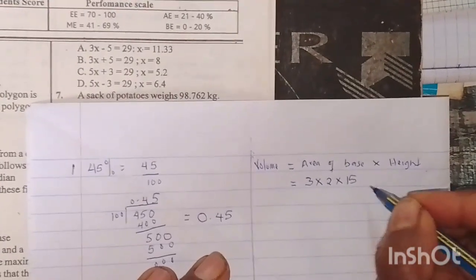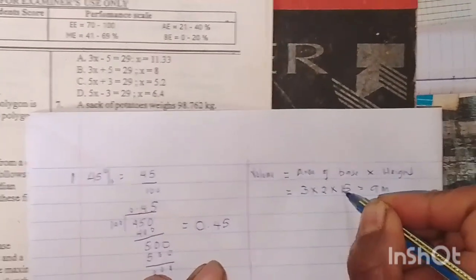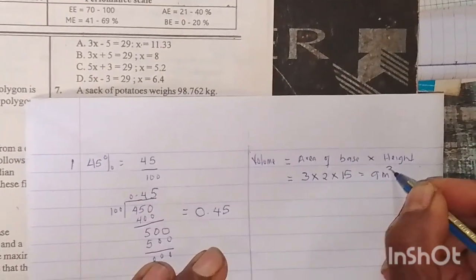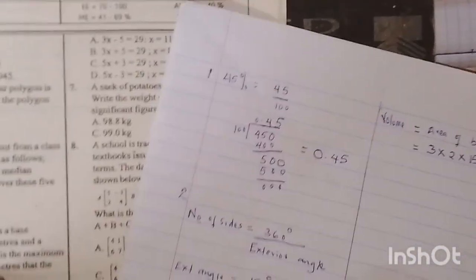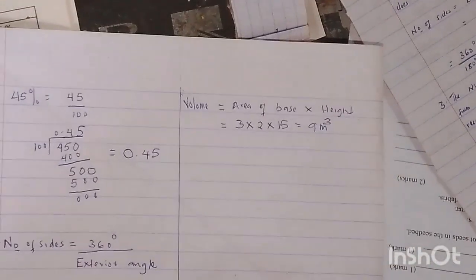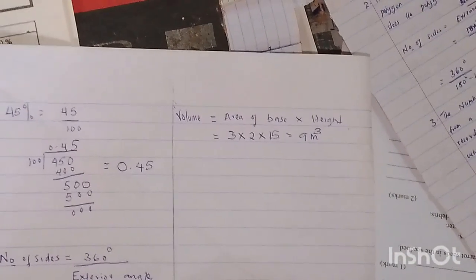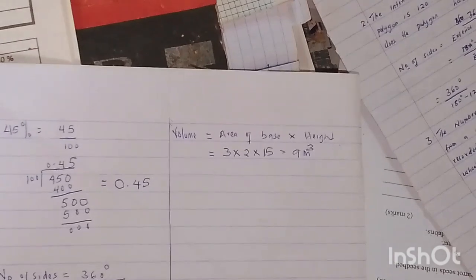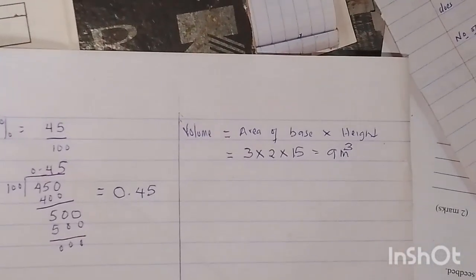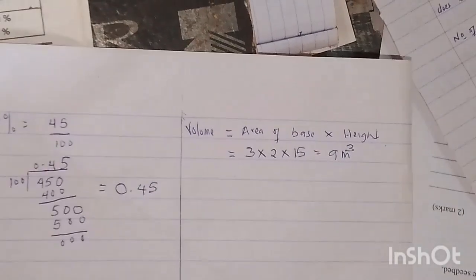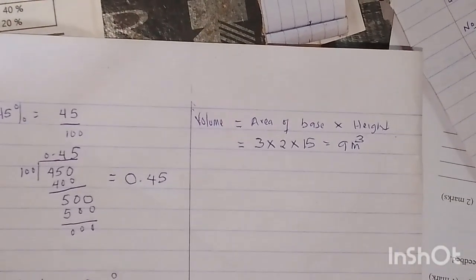And the answer is 9 meters cubed. They have said that our answer should be in cubic meters. A is wrong, they have said 6, but B is correct because it's 9 meters cubed. We circle B as our answer.